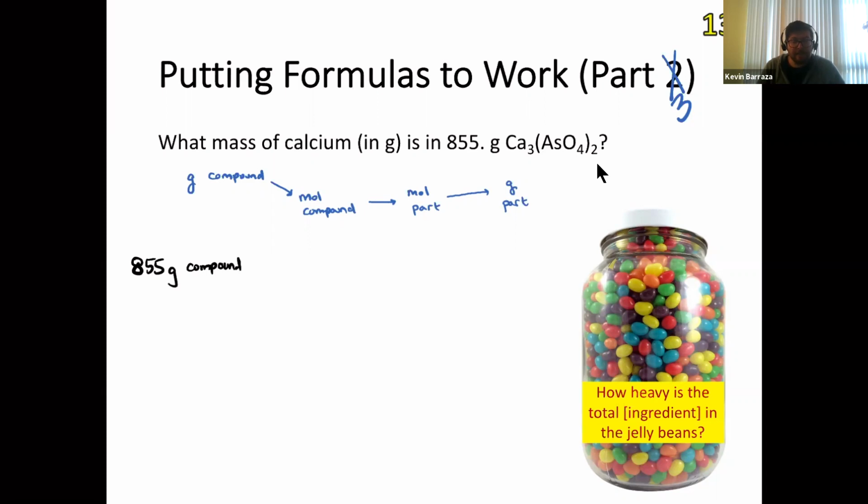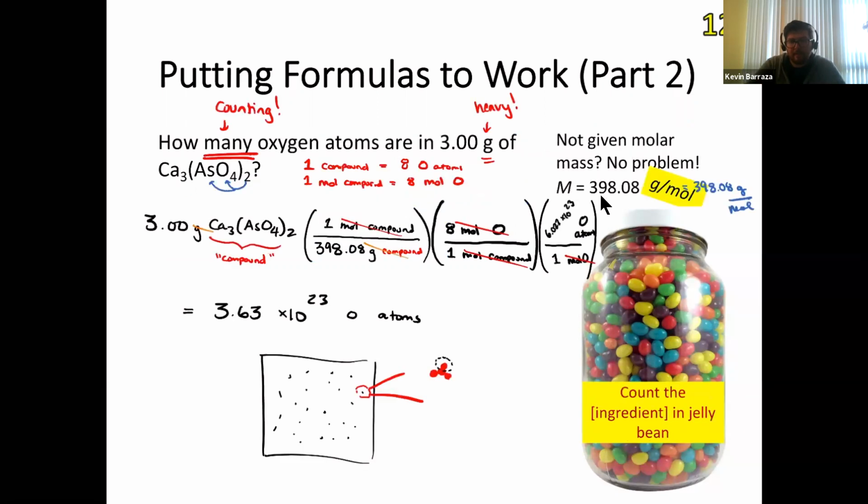Now this is the same substance as last time, so use molar mass from last slide. So to go back, that's 398.08 grams per mole.